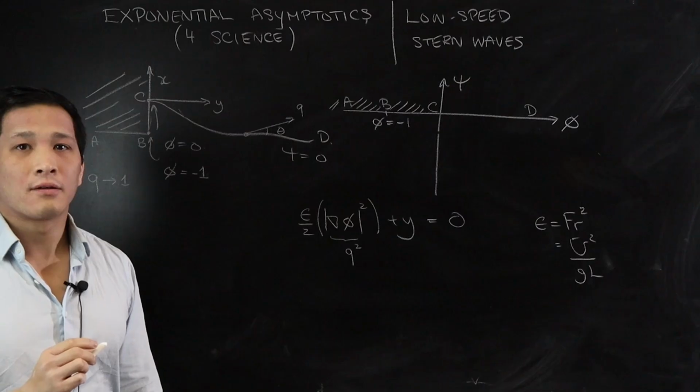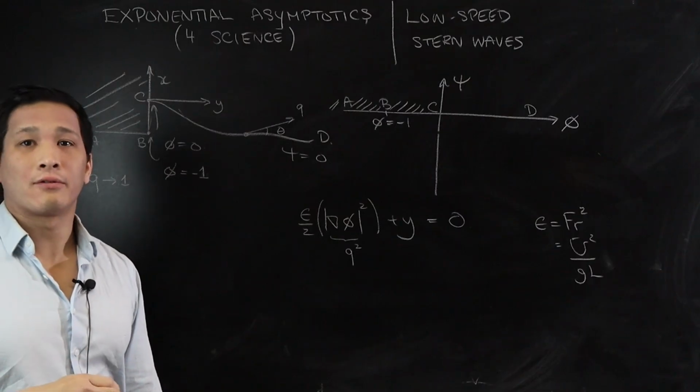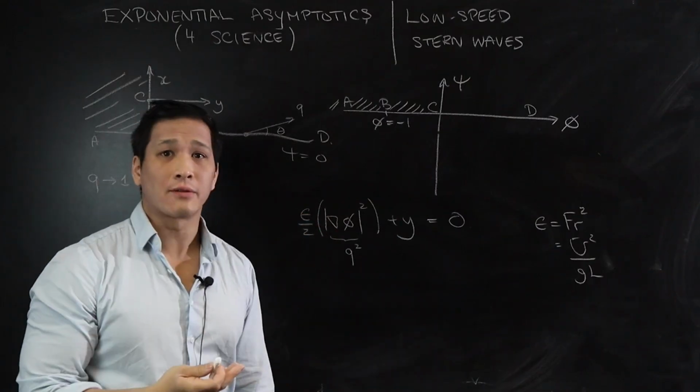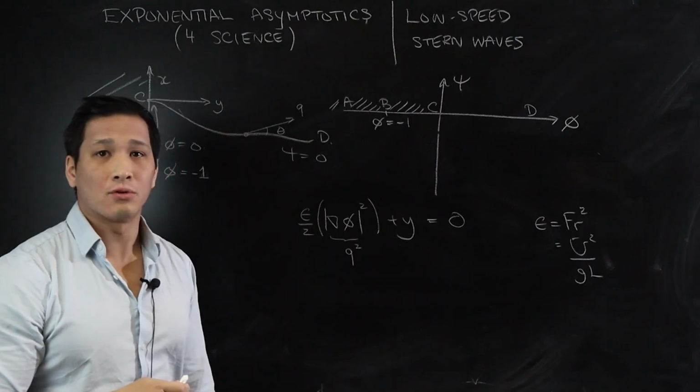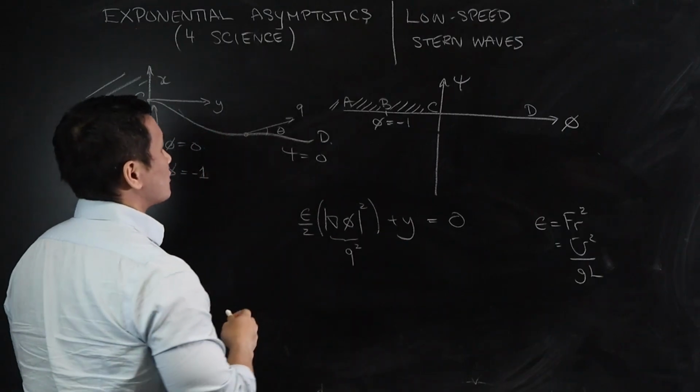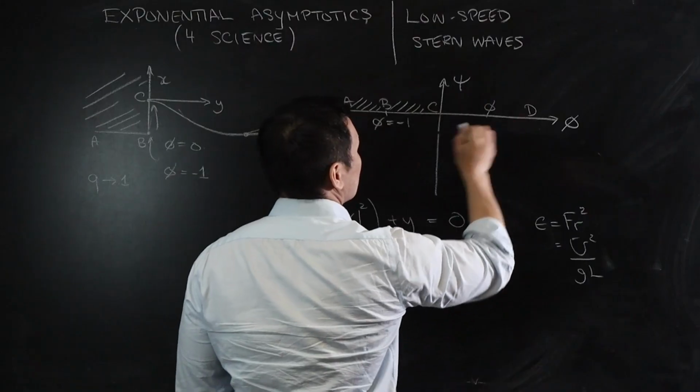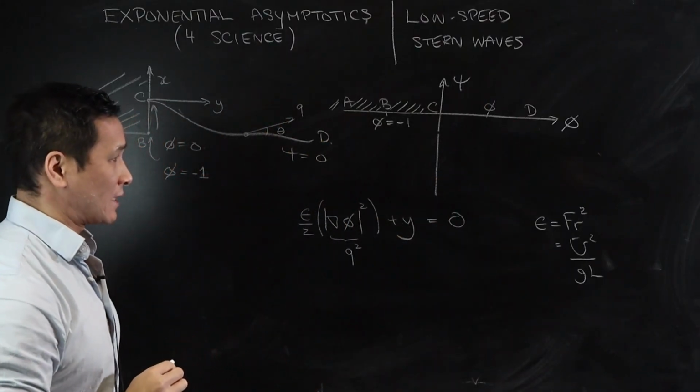Okay? So we'd like to write now this equation in terms of q's and thetas, and the way to do that is just to take a derivative with respect to phi. So remember, phi is the velocity potential.